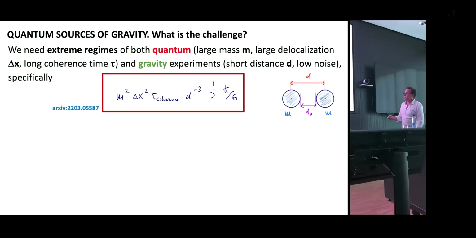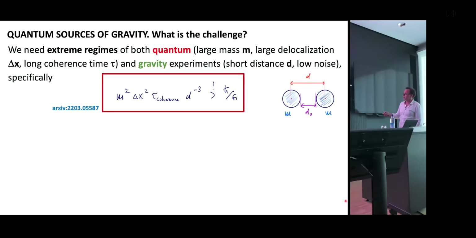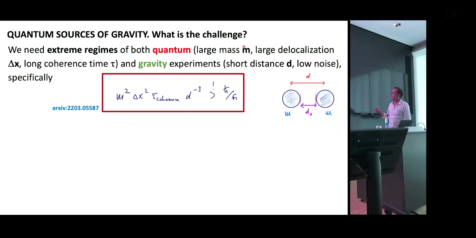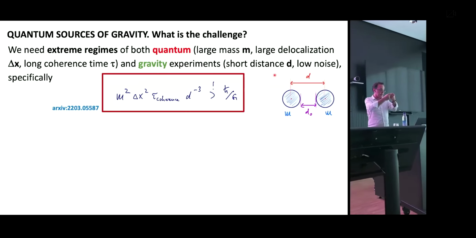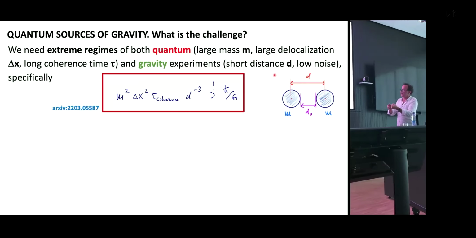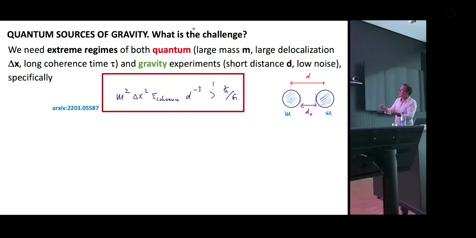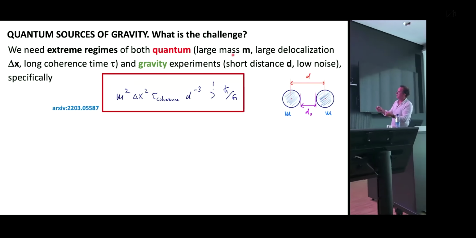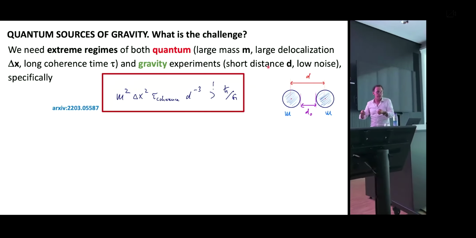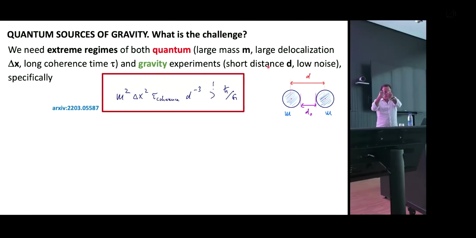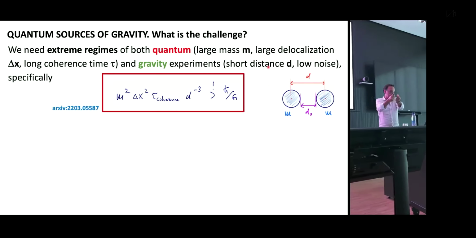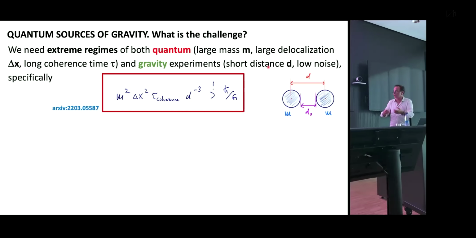We need extreme regimes, both of the quantum system, namely we need large mass, large delocalization, long coherence time, and of gravity experiments, where we need short distances in order to push up the gravitational interaction. In other words, it is actually the mass times the delocalization divided by d to the cube that defines the gravity gradient of the two different locations of your center of mass state that allows you to gravitationally distinguish those two states.